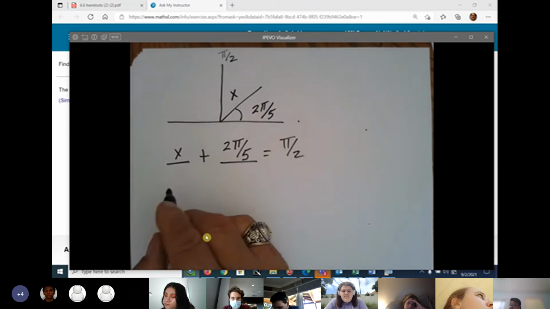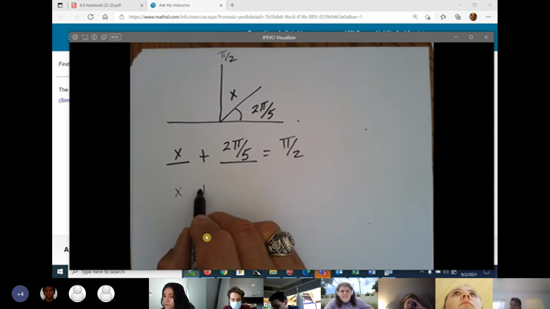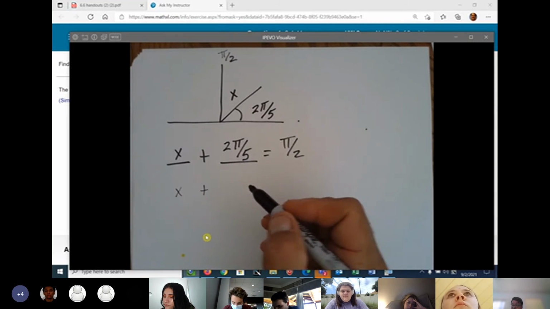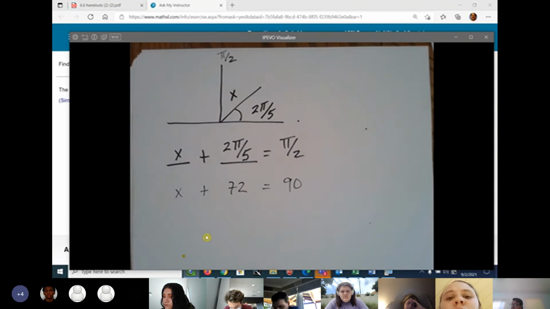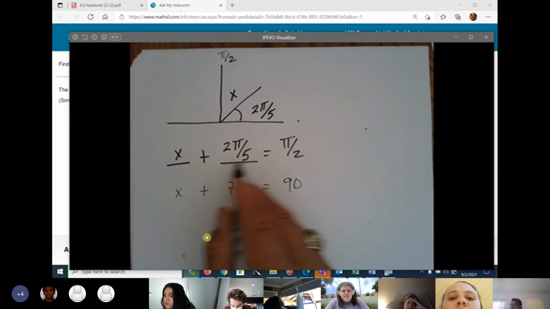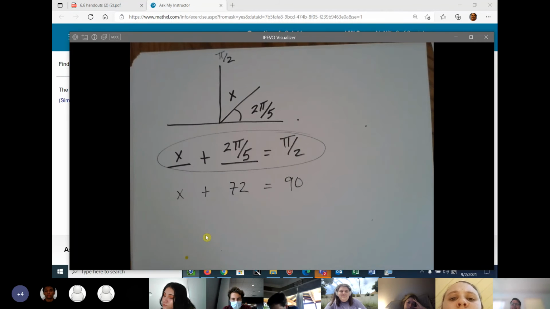That's the same thing as saying X plus 72 is equal to 90. Everybody with me? Okay, now do this. Oh yeah, that's right. Y'all can't do fractions, right? Half of you won't even do it.